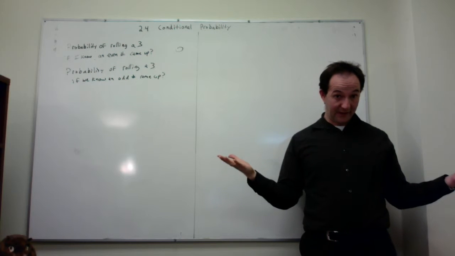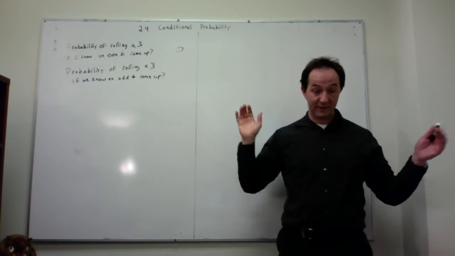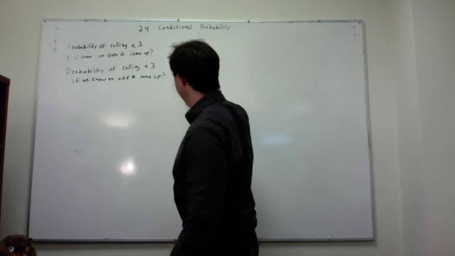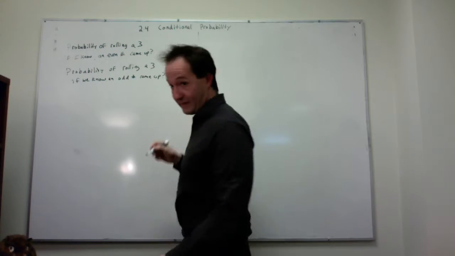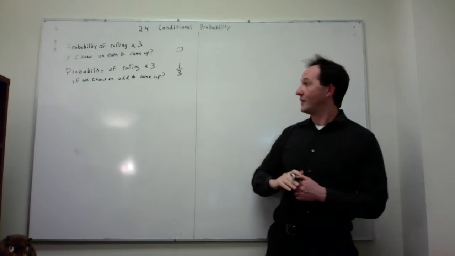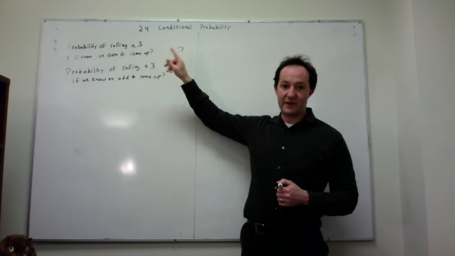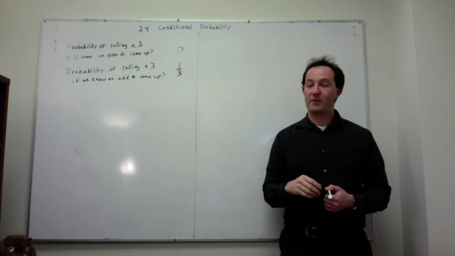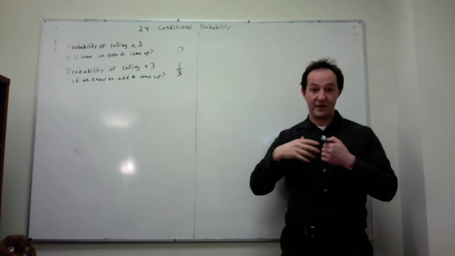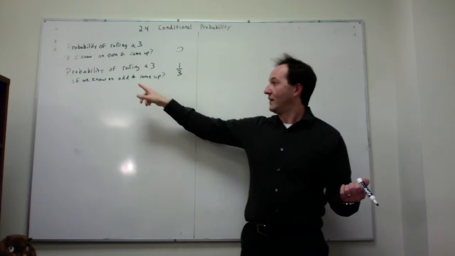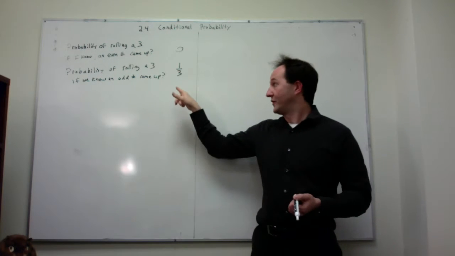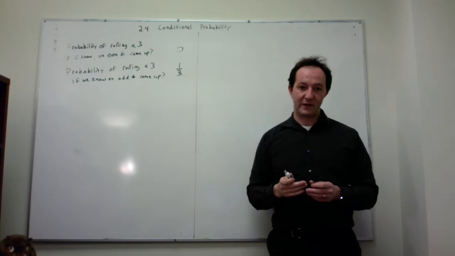All of those are equally likely because I'm only told that it's odd, not any other information. So we can take the ratio of the number of outcomes in this event, which is 1, divided by the new number of total outcomes in the revised sample space, now that we know that an odd number came up, which is 3. So this is going to be 1 out of 3.